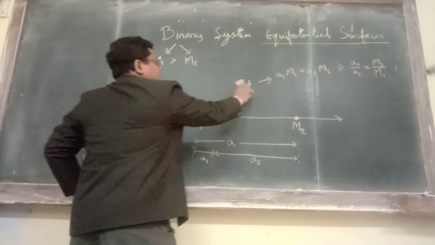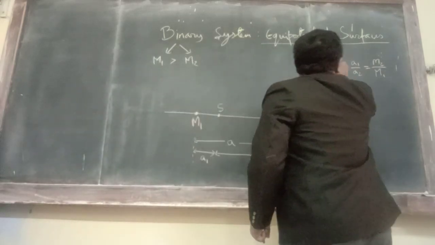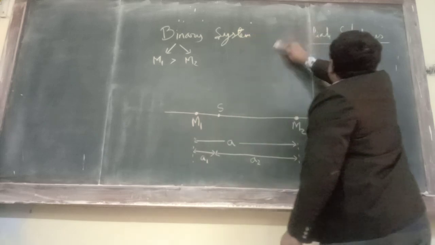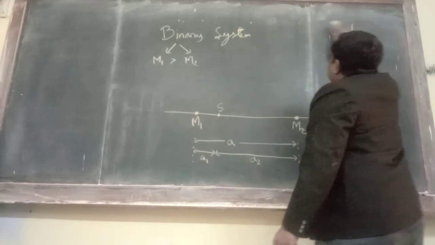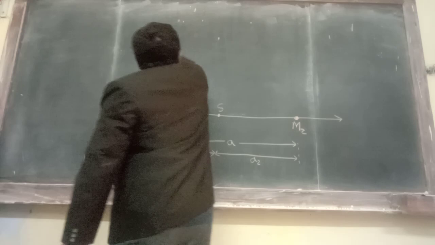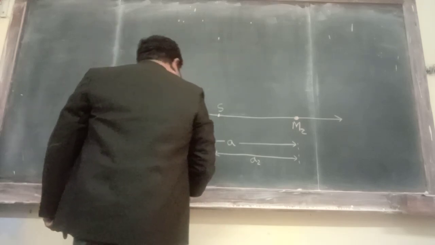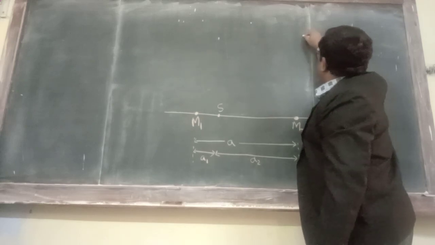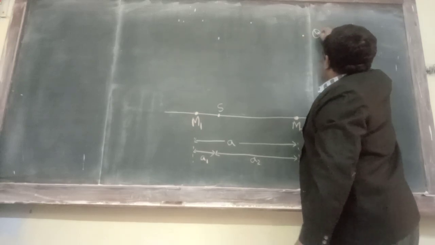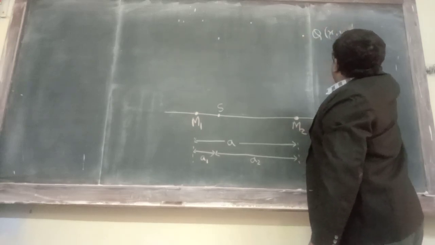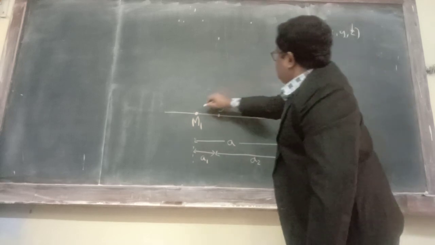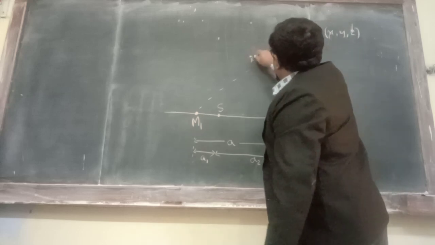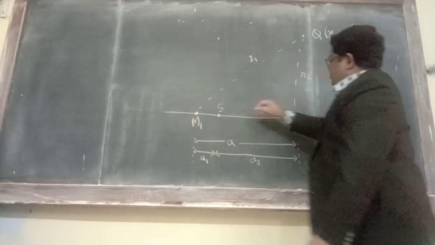We will consider an arbitrary point, say Q, with coordinates x, y, z, at distances r1 and r2 from the two masses.